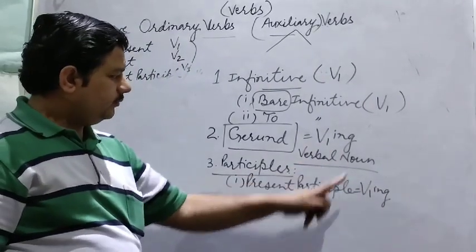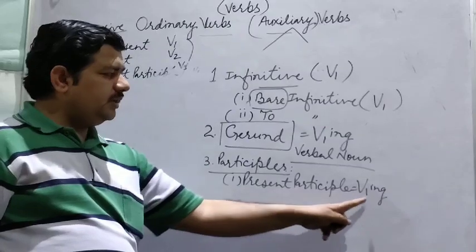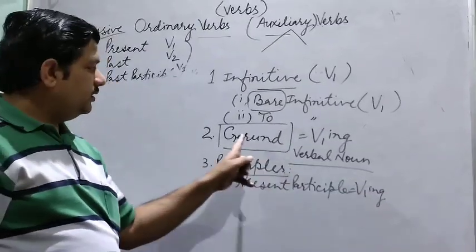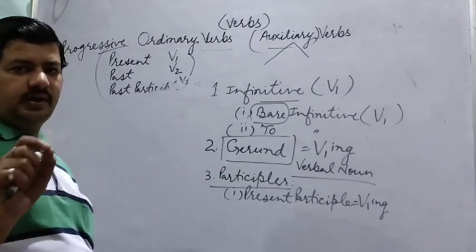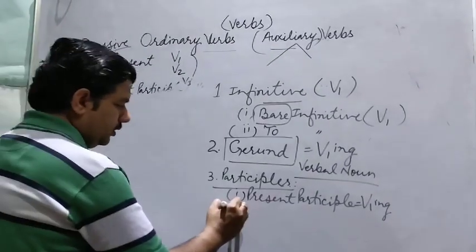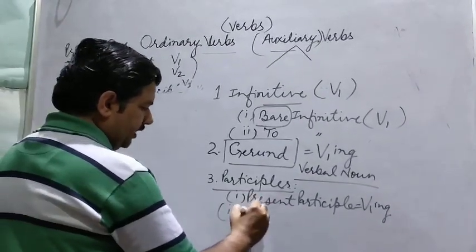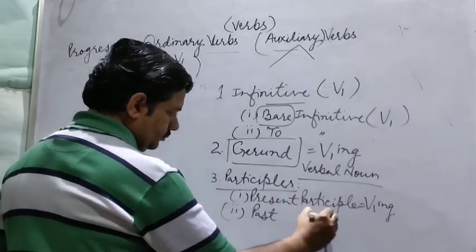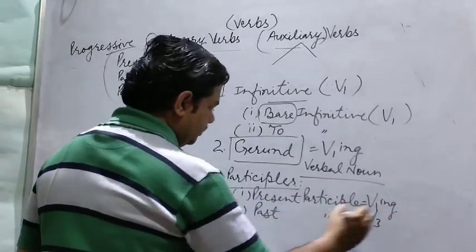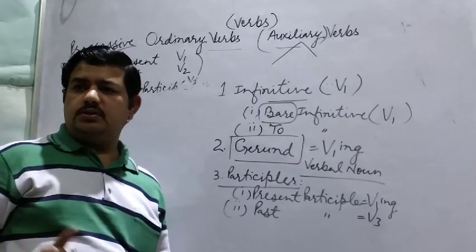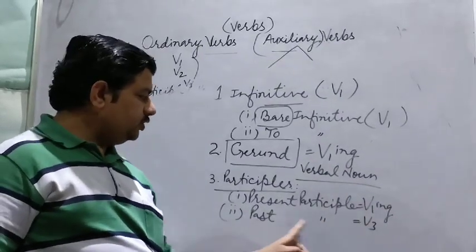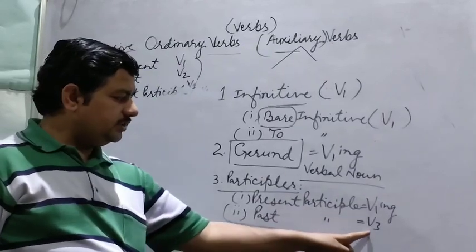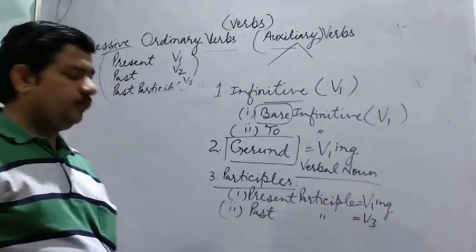There is a similarity: gerund is also denoted with first form plus ing. What is the difference? I will make it clear soon. Second is past participle, which is considered with the third form.